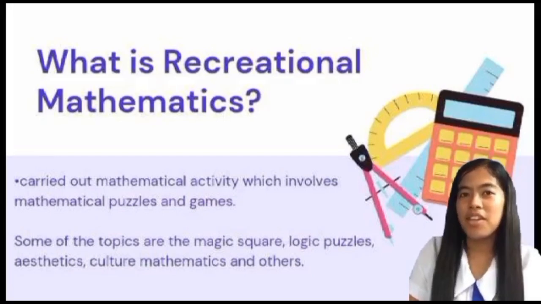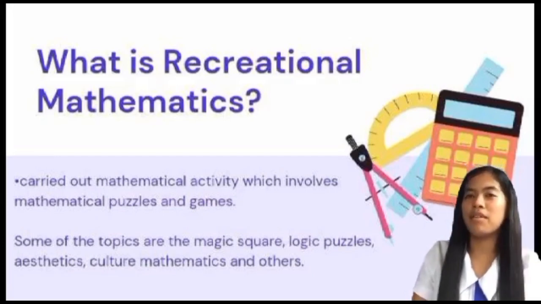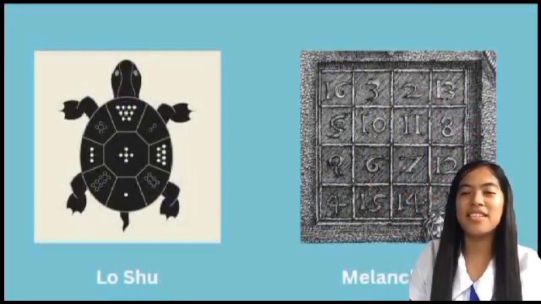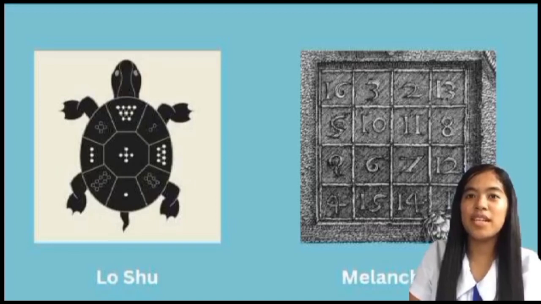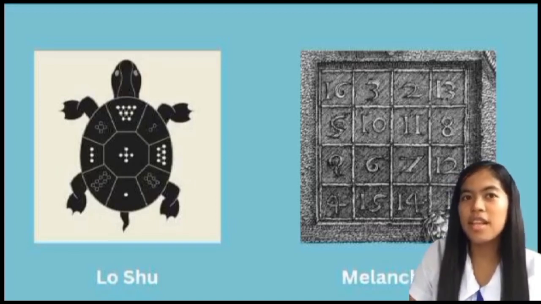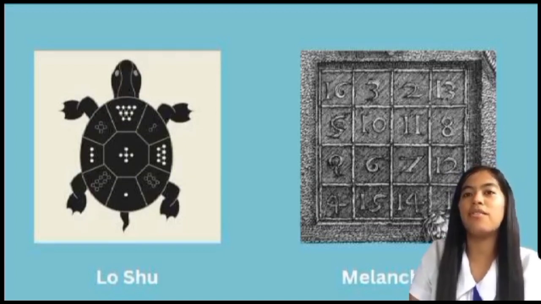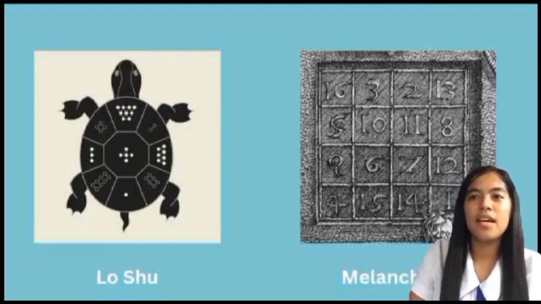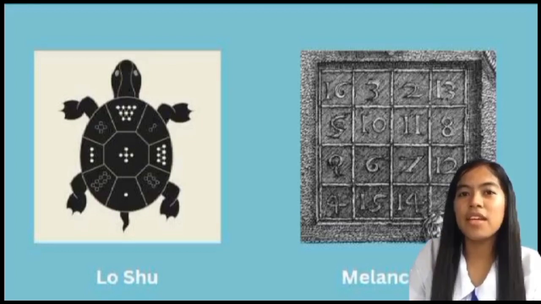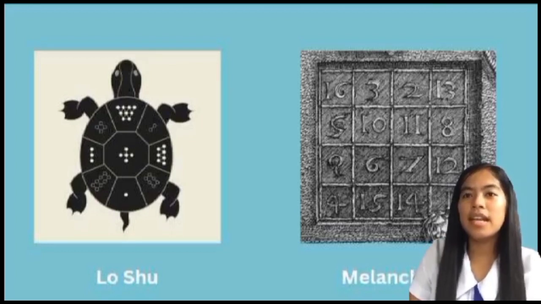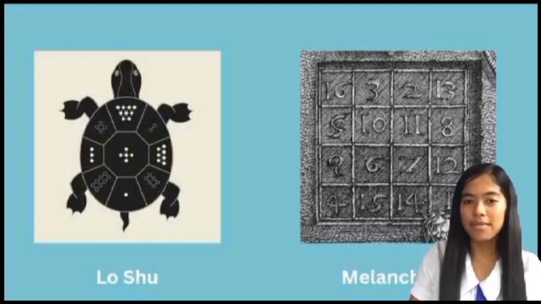A Chinese myth says that in the time of Emperor Yu, he came across a sacred turtle with strange markings on its shell, known as Lo Shu. The markings are numbers and they form a square pattern of order 3. And in 1514, the artist Albrecht Dürer made an engraving, Melencolia, containing a square pattern of order 4.